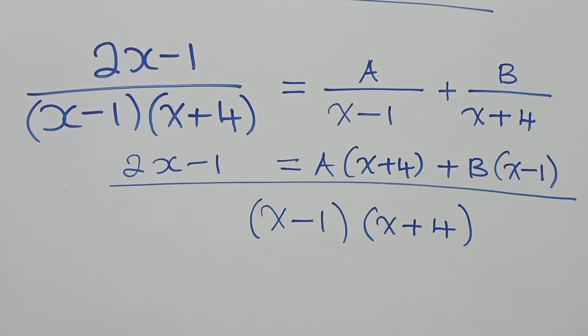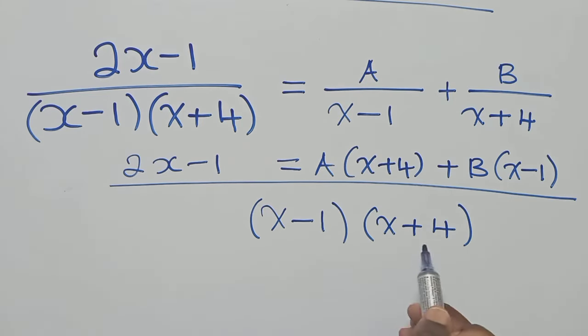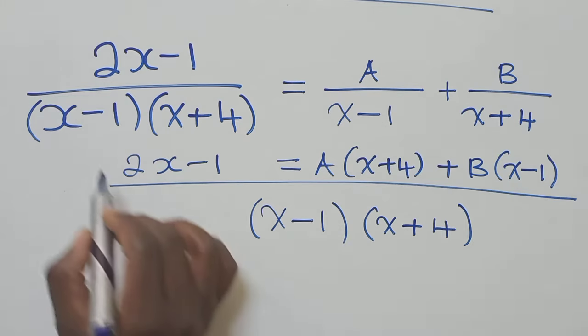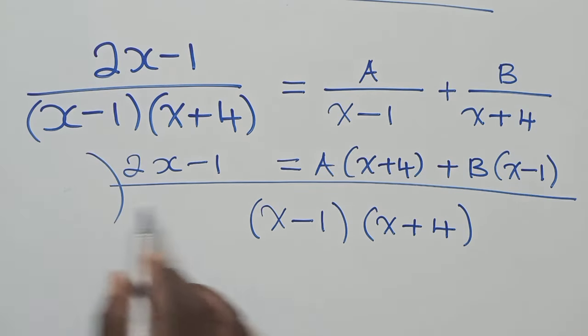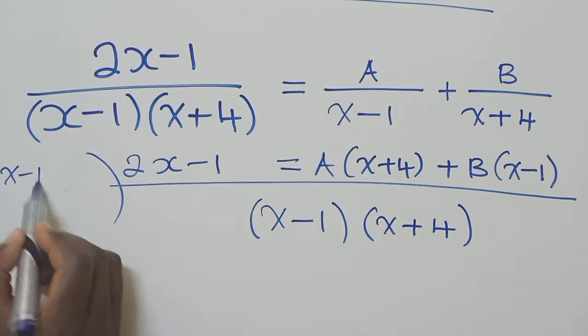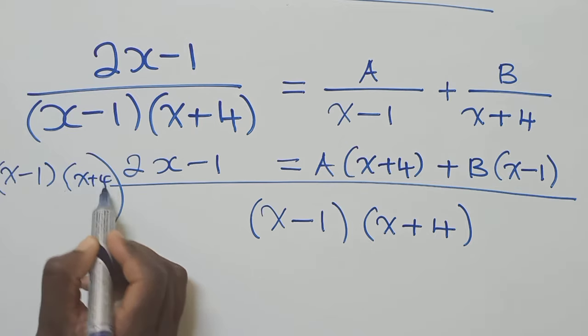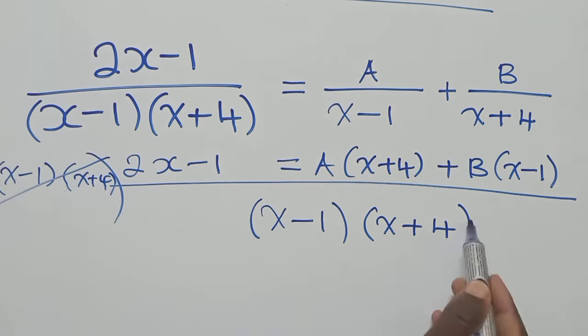The next thing now will be to forget about the denominator this time around, or if you don't mind, you multiply this whole thing by the denominator that we have right here, so that this and this can cancel.